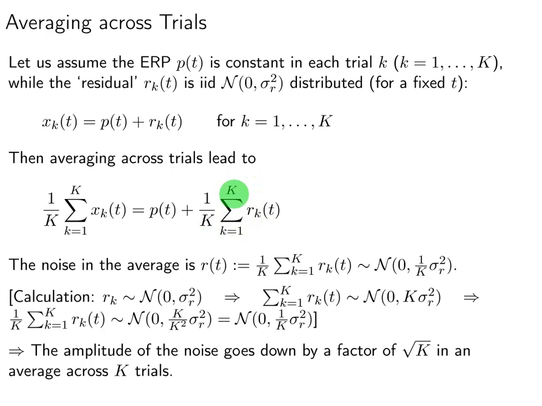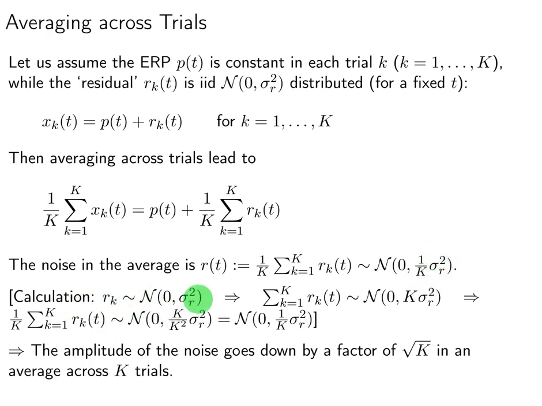So the noise in the average will be minimized. In other words, if you average k trials, the 1 over k will be applied to minimize the variance of the signal. While the mean is 0, the variance will be multiplied by 1 over k, which in turn will minimize it.